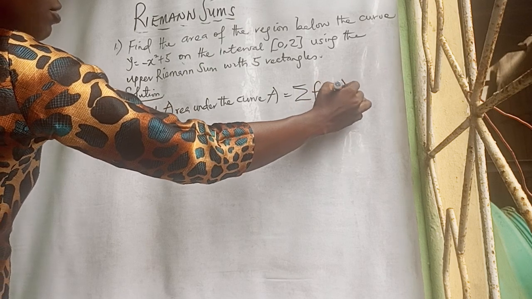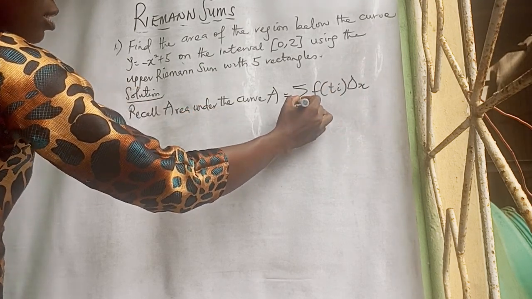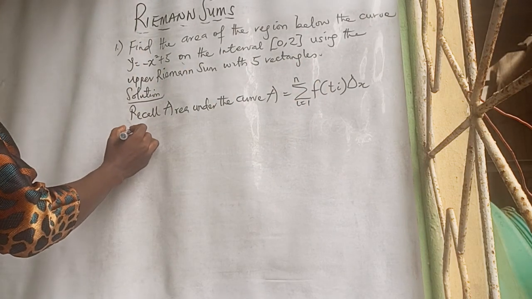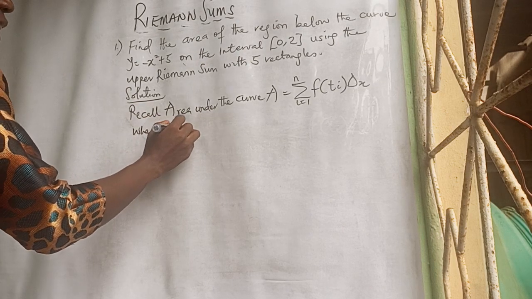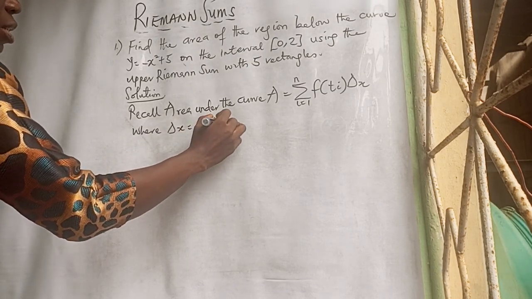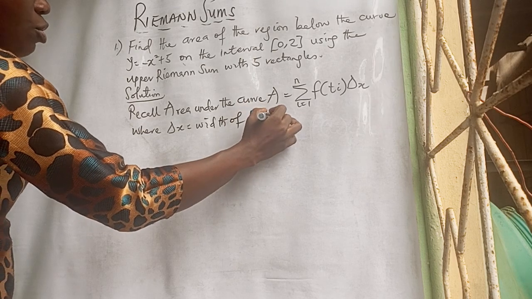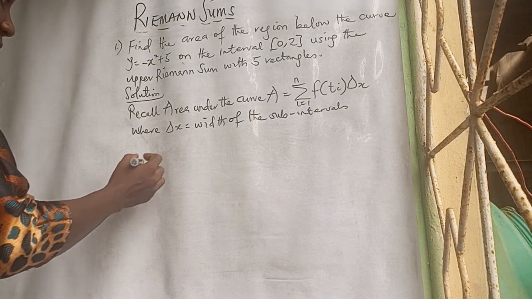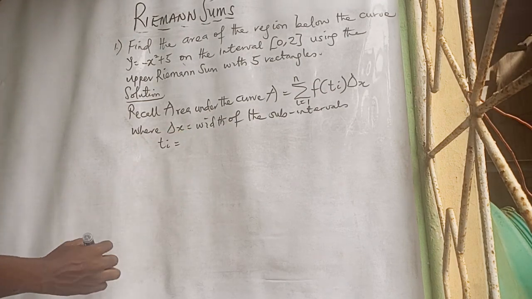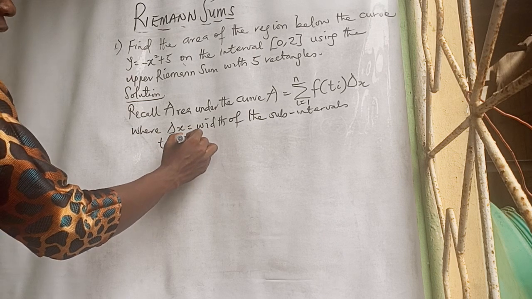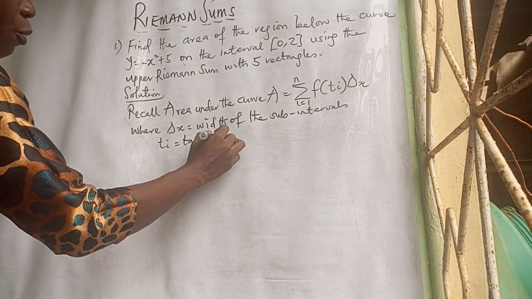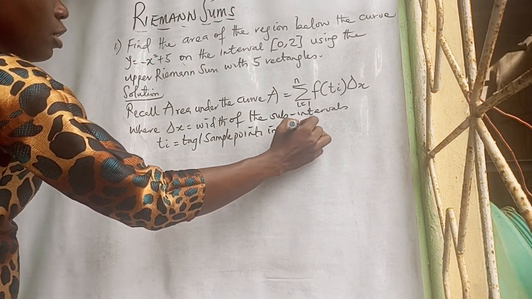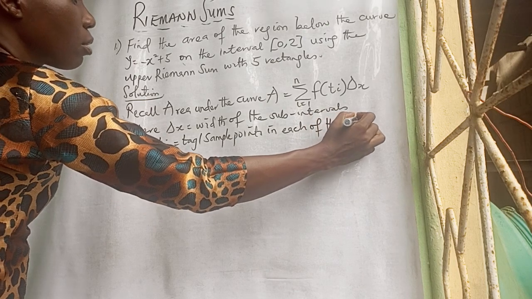Summation f of t sub i delta x, where i ranges from i equals 1 to n, where delta x is the width of the subintervals and t sub i represents the tag or sample points in each of the subintervals.